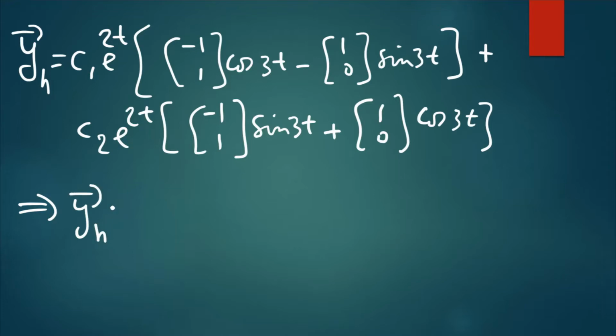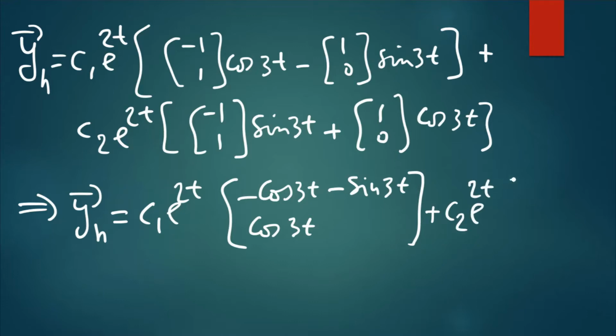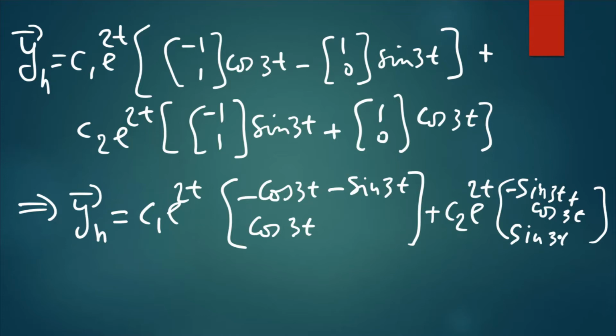We can simplify this. c1 e to the 2t: minus 1 times cosine 3t is minus cosine 3t, and minus 1 times sine 3t is minus sine 3t. 1 times cosine 3t is cosine 3t, and minus 0 times sine 3t is 0. And plus c2 e to the 2t: minus 1 times sine 3t is minus sine 3t plus 1 times cosine 3t, and 1 times sine 3t is sine 3t. 0 times cosine 3t is 0.